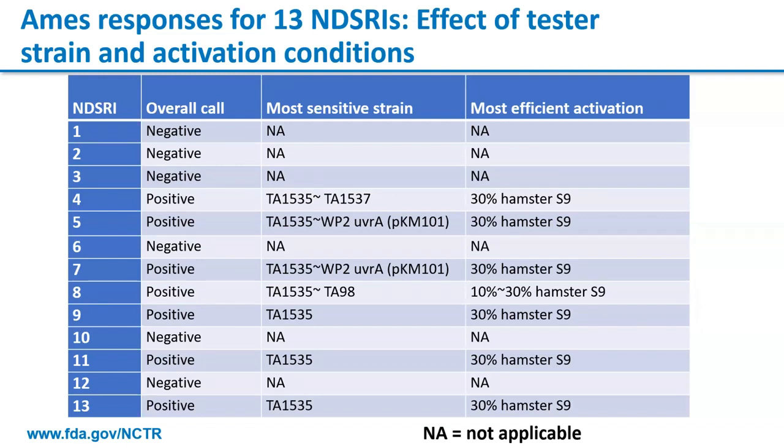We've used a hybrid of the fold rule and the BMD dose response ranking to compare the extent of the responses. And I think you can see a pattern in the positive responses in terms of the most sensitive tester strains in the middle column and the most effective activation systems in the rightmost column.